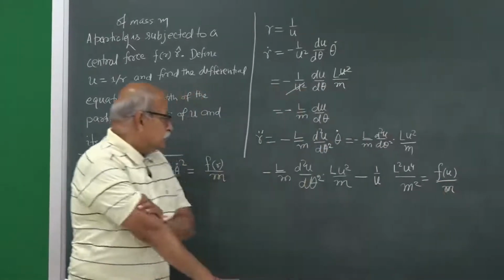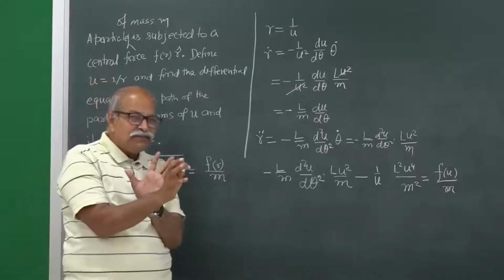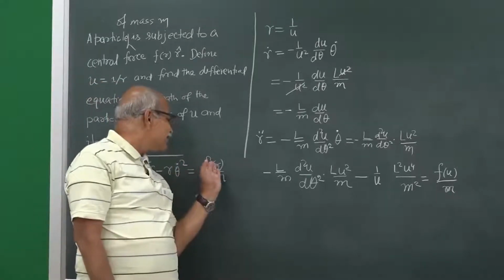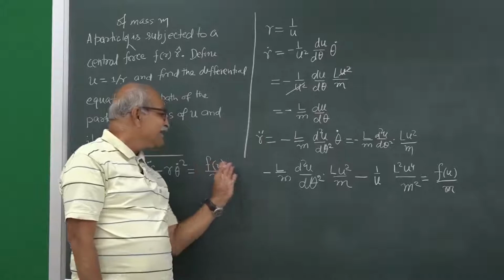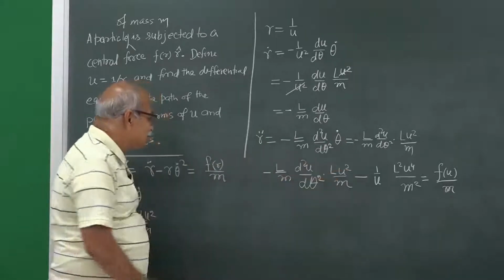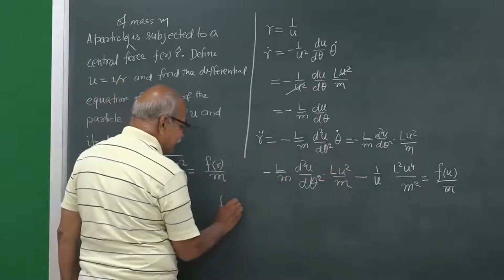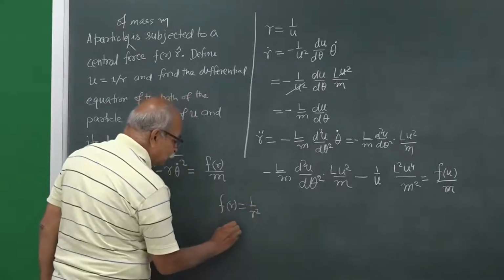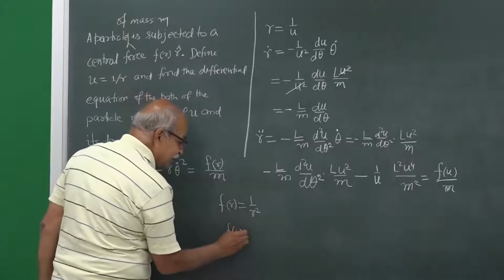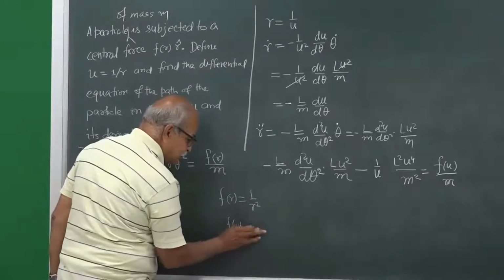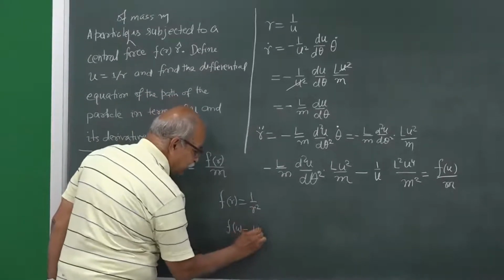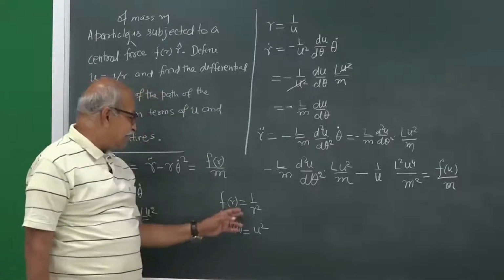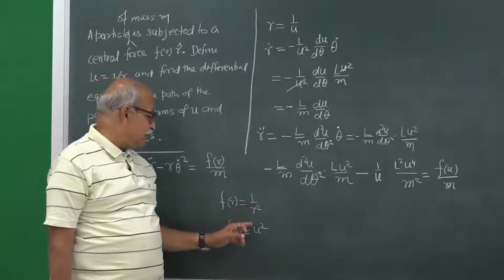Okay. Now, this functional form is somewhat different if you write in terms of r or in terms of u. For example, if f(r) is 1 by r square, then f(u) that I am writing there is u square, because I am writing r as 1 by u and it becomes u square.